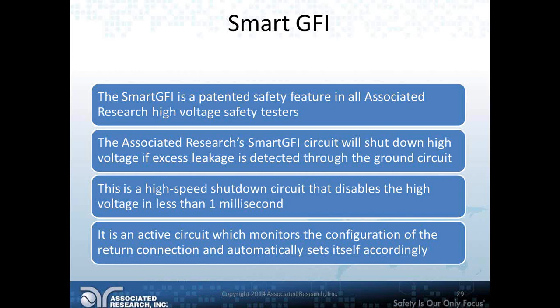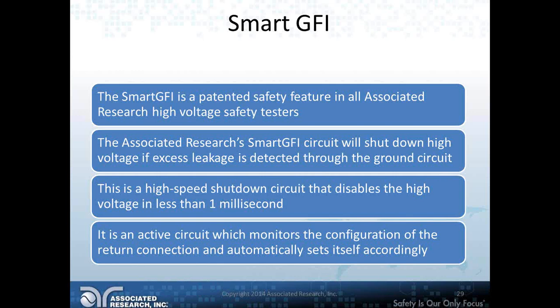This in itself provides a level of safety for the operator, since during a fault condition, the current will bypass the operator and return directly to the source, even if they were in contact with the device being tested.